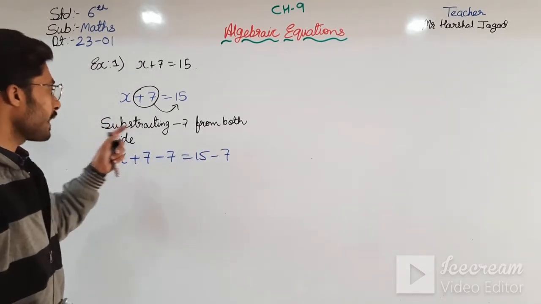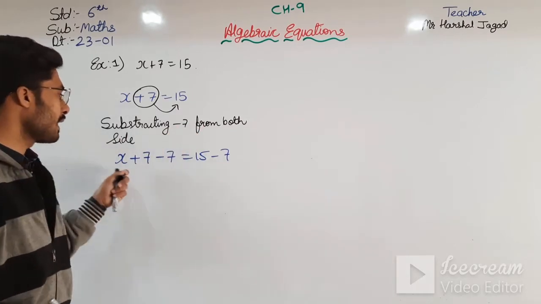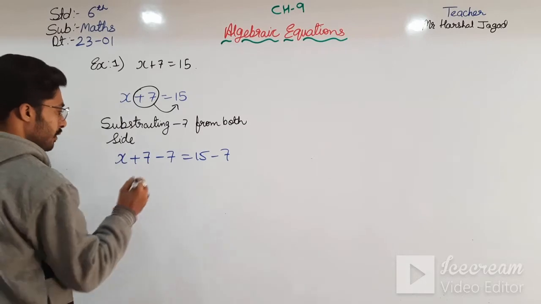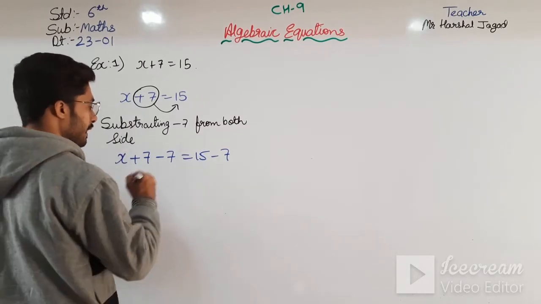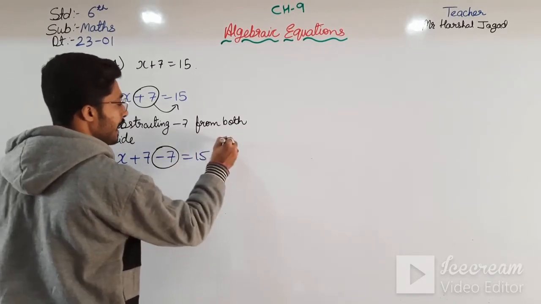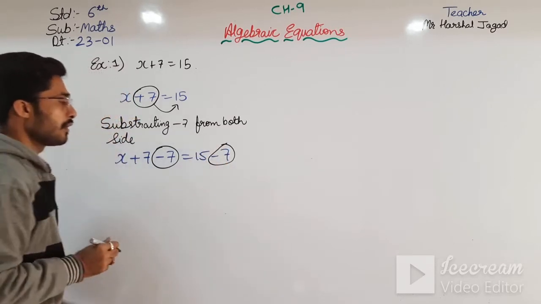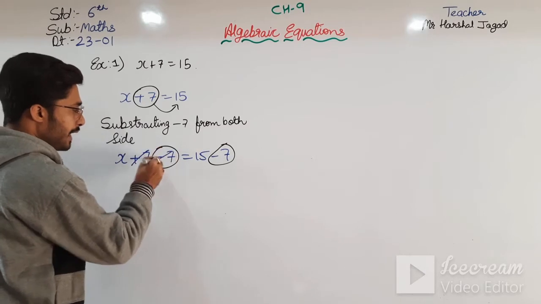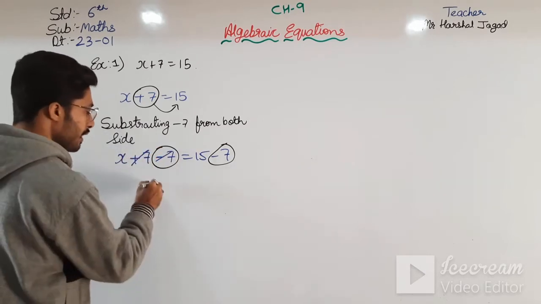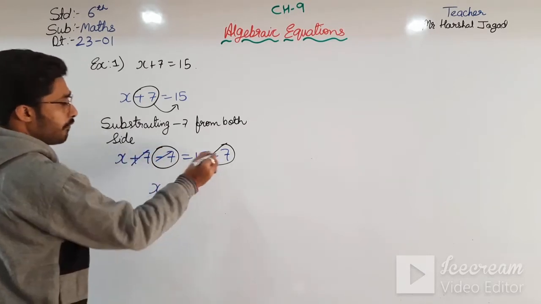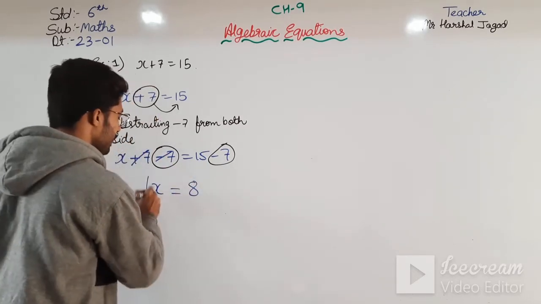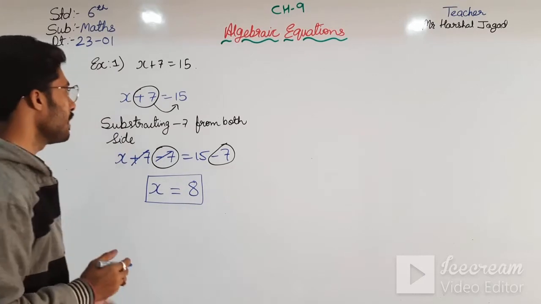We have to subtract 7 from here also and 7 from here also. You can see here I have subtracted this one and this one. So plus 7 minus 7 will be 0, so x will remain, and 15 minus 7 will be 8. So x is equal to 8, which is our answer.